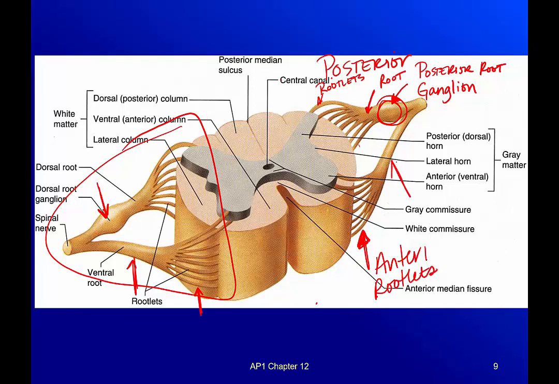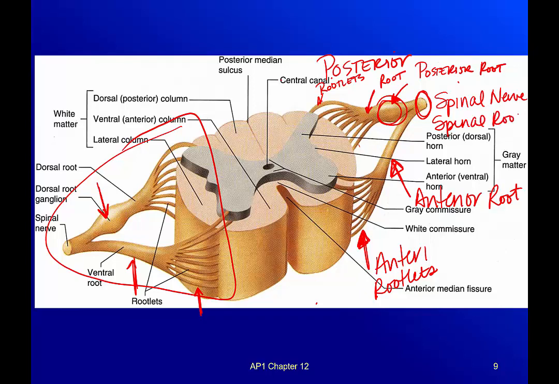Notice that there is no big bulgy thing, so this is just the anterior root. Now, when these two things combine, they merge together, we basically get what we call either the spinal nerve or the spinal root. They actually do merge and become one thing.